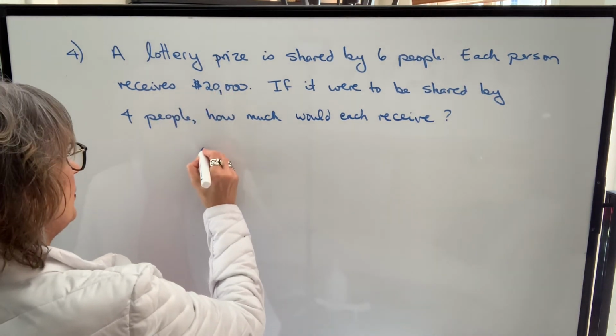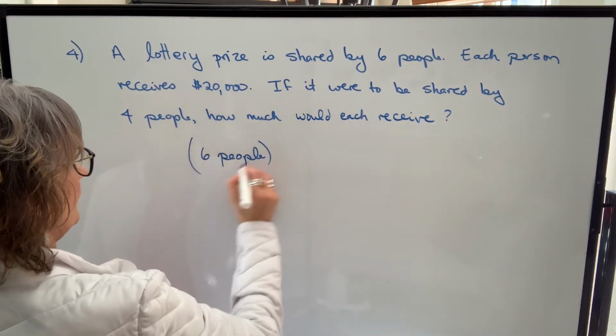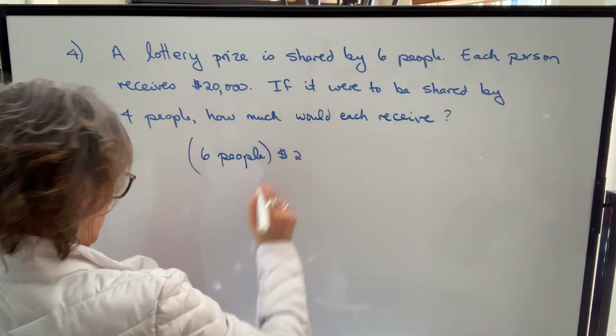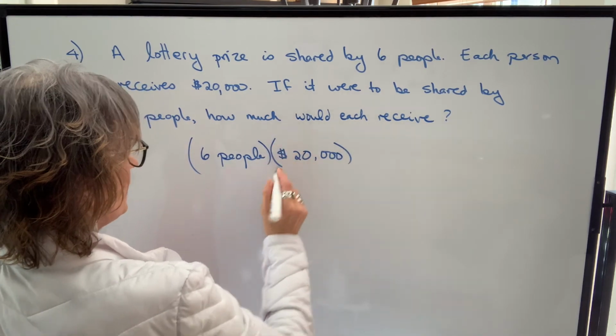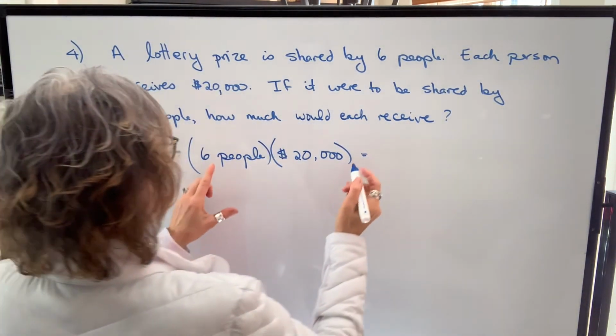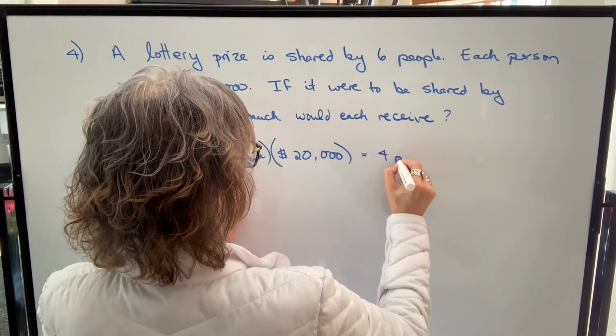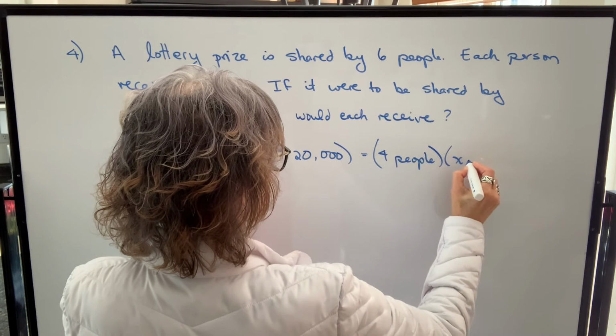So 6 people get $20,000 each. And that would actually give us our total prize. We want to know if we have 4 people, how much each would receive.